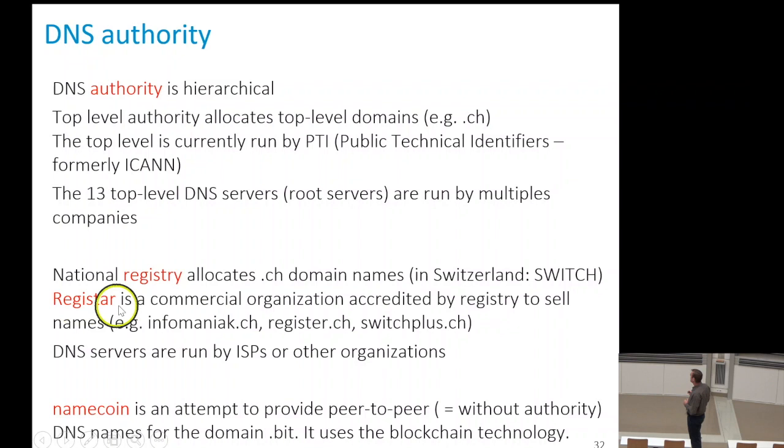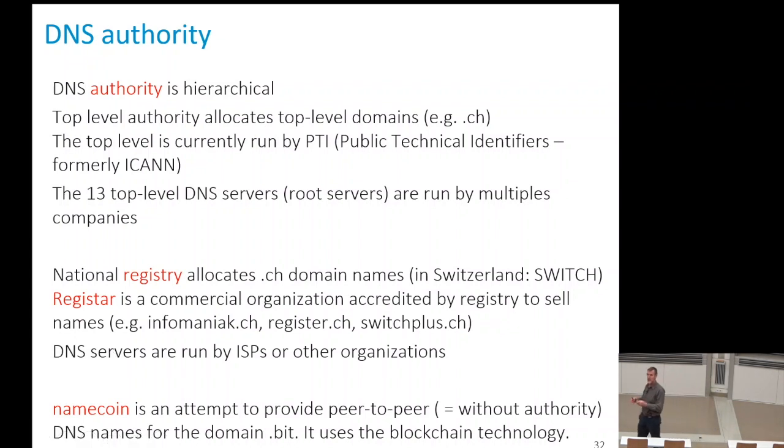Registrars are the commercial companies to whom you go if you want to get your own DNS name. They sell you the name. They just guarantee that this name is not taken and that you continue to pay every year to have your record written there. And then once you have a name, you need to put it in a DNS server, which is yet another business.